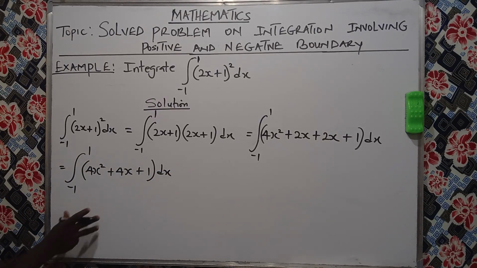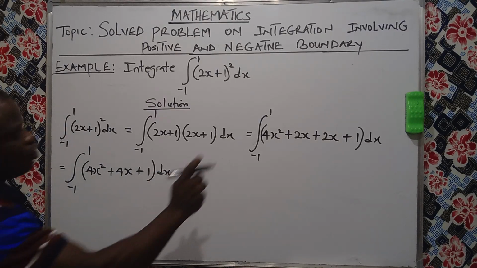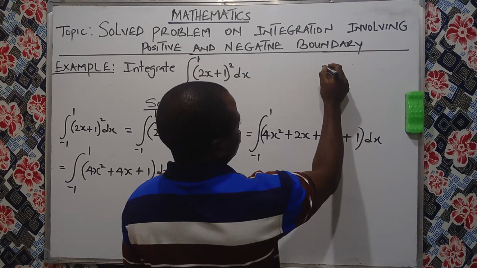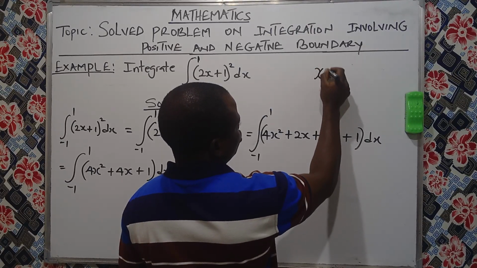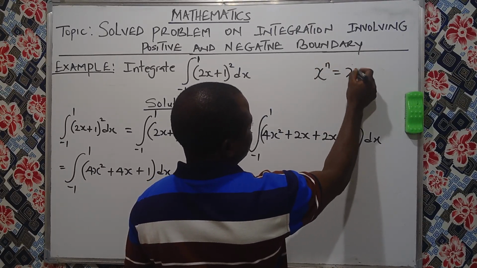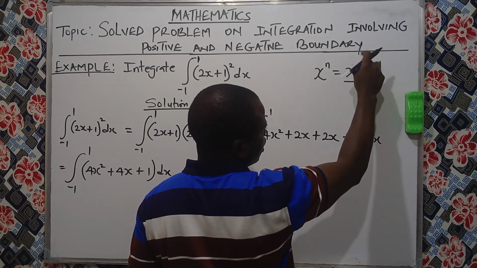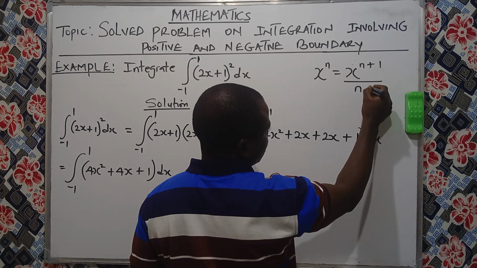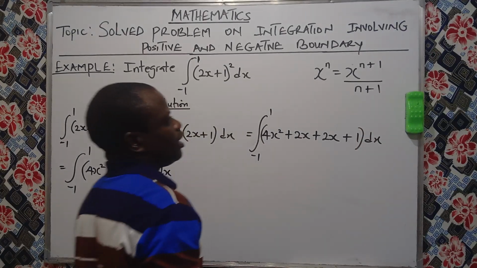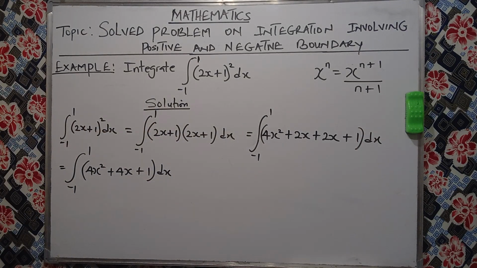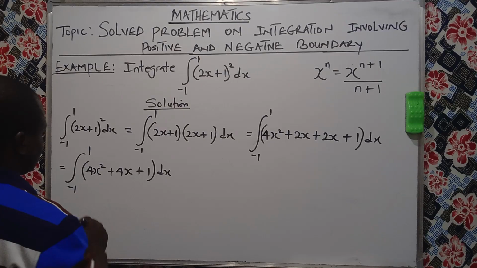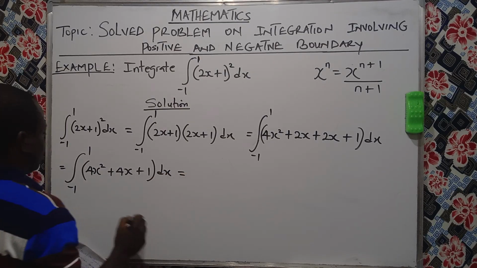When you get to this point, we follow the formula of integration that says when you have x raised to power n, it becomes x raised to power n plus 1 over n plus 1. Repeat what's at the power, put it at the numerator, over n plus 1. Let's apply that formula.